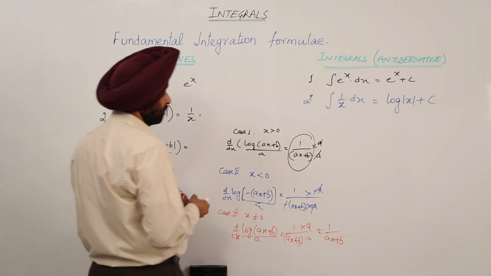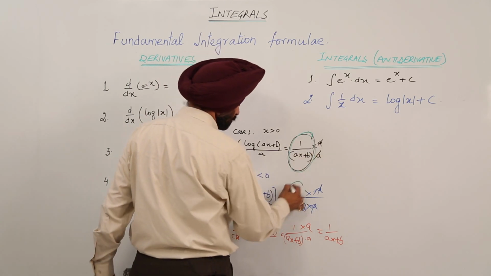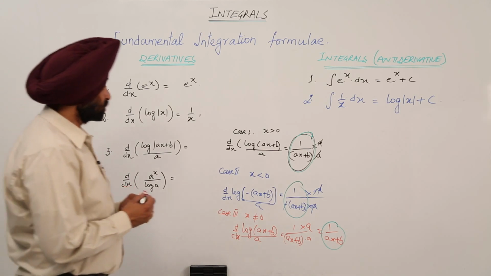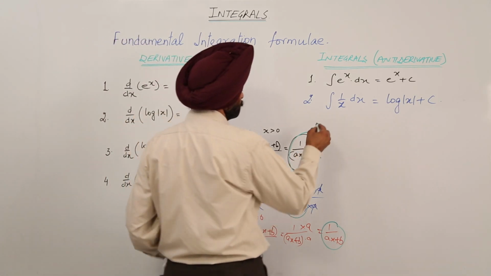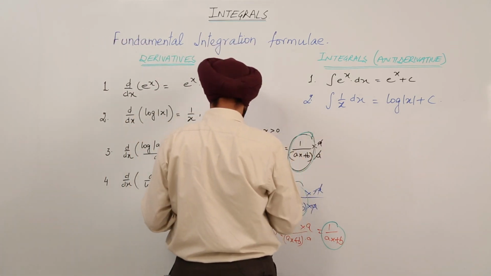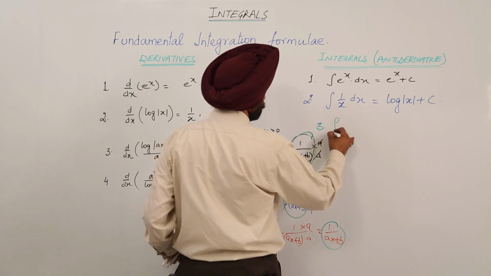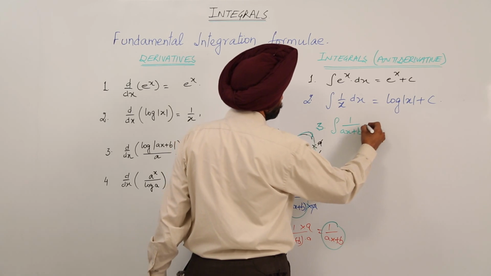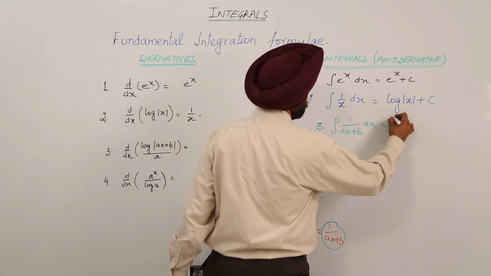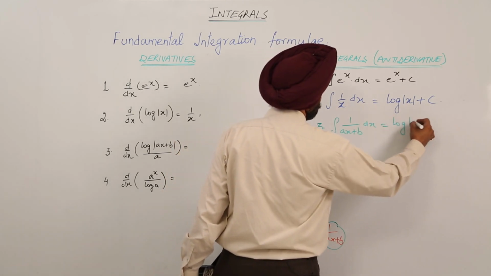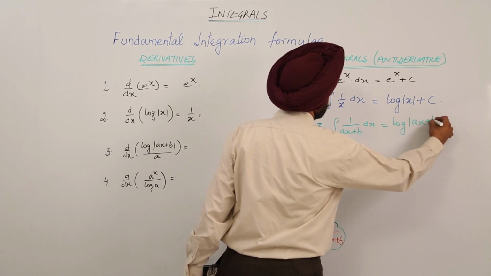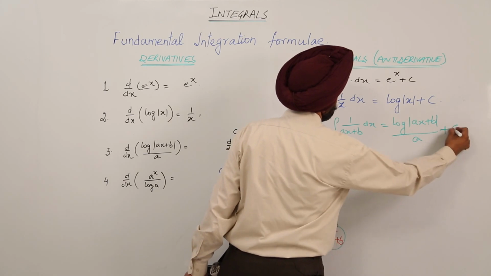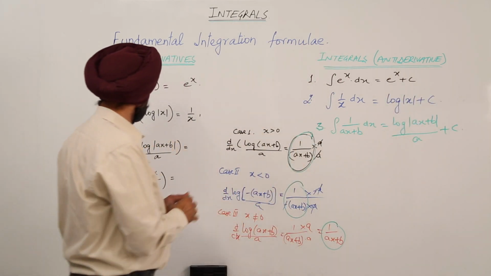We are having 1, 2 and 3. Same result is there. Okay. So we can write it now. Number 3. Integration of 1 upon ax plus b dx is equal to log mod of ax plus b upon a plus c.